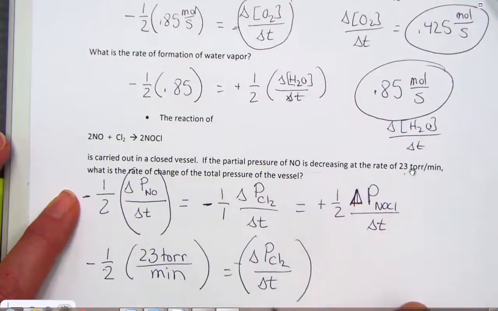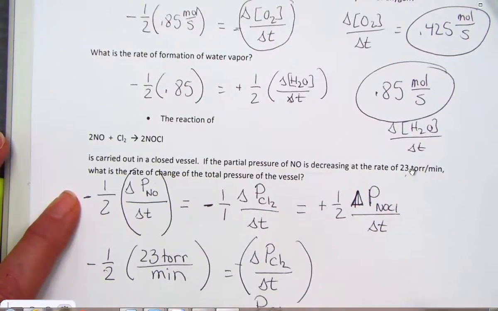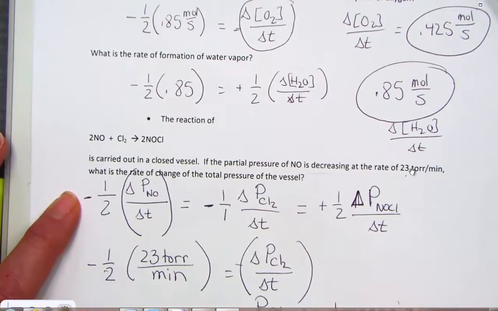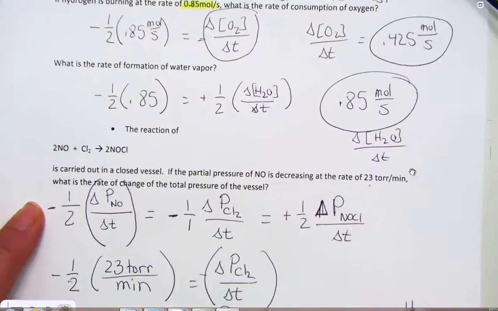So partial pressure of Cl2 is decreasing at a rate of 11.5 torr per minute.